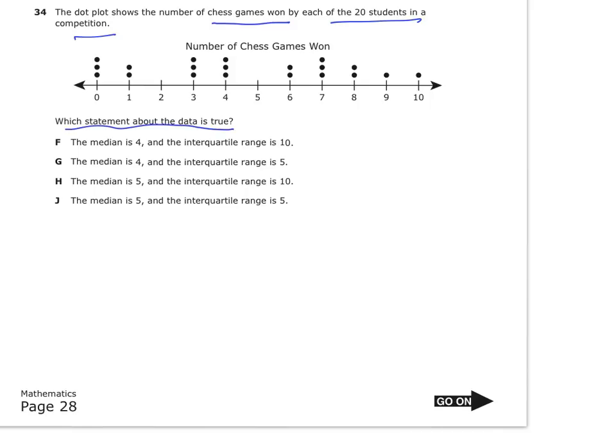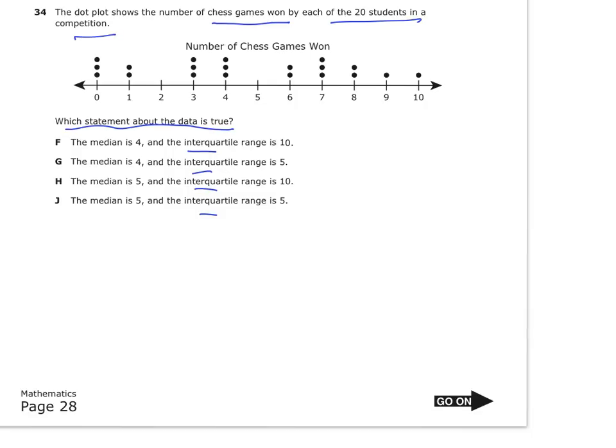The reason why I hate this question is because they give it to you as a dot plot, but then they come down here and they're asking questions about interquartile range, which has to do with box and whisker plots. So they've given you the information here, but then they're asking you to make an entirely different graph. I just really don't like this question, but that's okay.